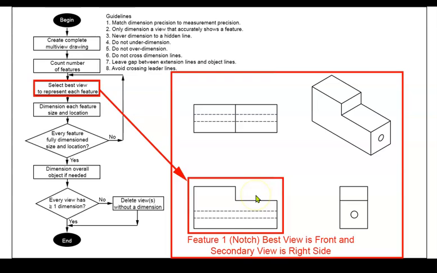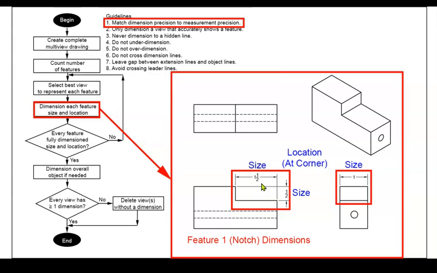So we're going to make sure that we pay attention to that front view, and apply the majority of our dimensions in that front view. So you can see that we've identified the size of it and its location.